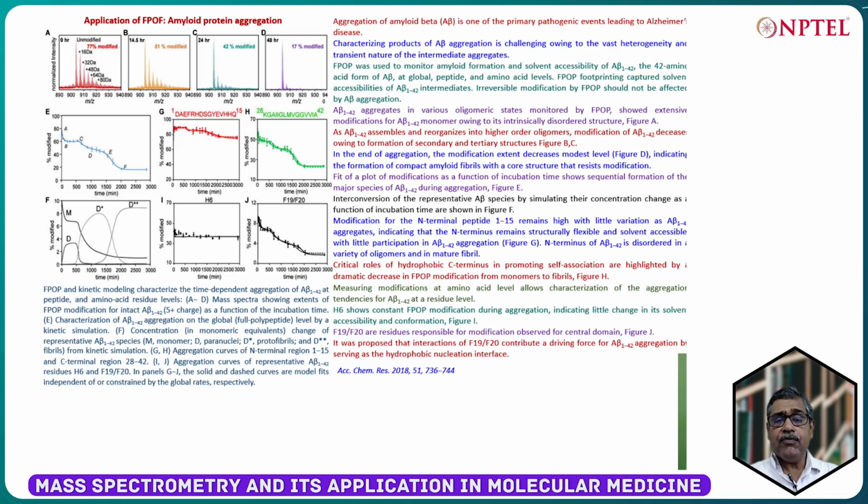Now, A beta 42 aggregates in various oligomeric states monitored by FPOP showed extensive modification of the amyloid beta 1 to 42 residue monomer owing to its intrinsically disordered structure, that is in this picture, figure A, where we have several of the amino acids detected from the same molecule.